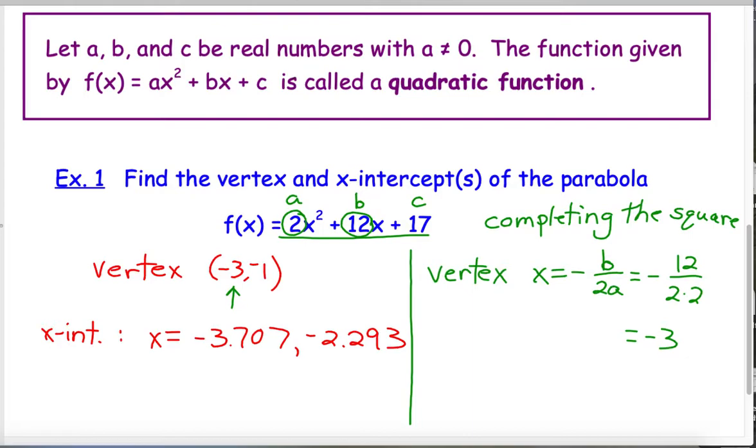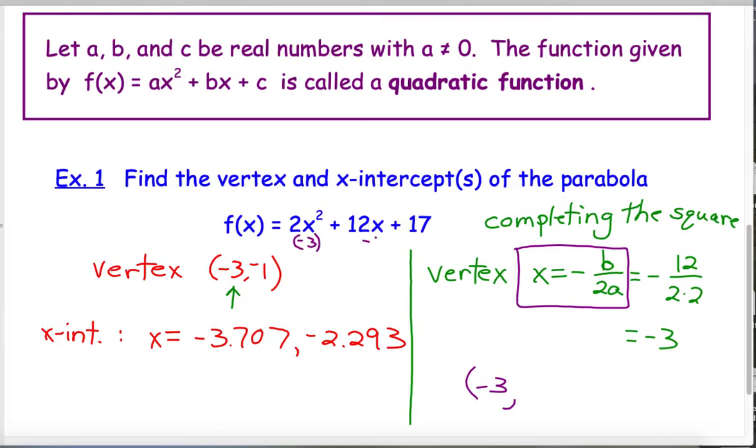Now this x equals negative b over 2a is helpful, but that only gives you the x coordinate. Then we still have to figure out the y coordinate. In order to do that, we're going to plug in that x value, negative 3, everywhere we see an x, and then evaluate it.